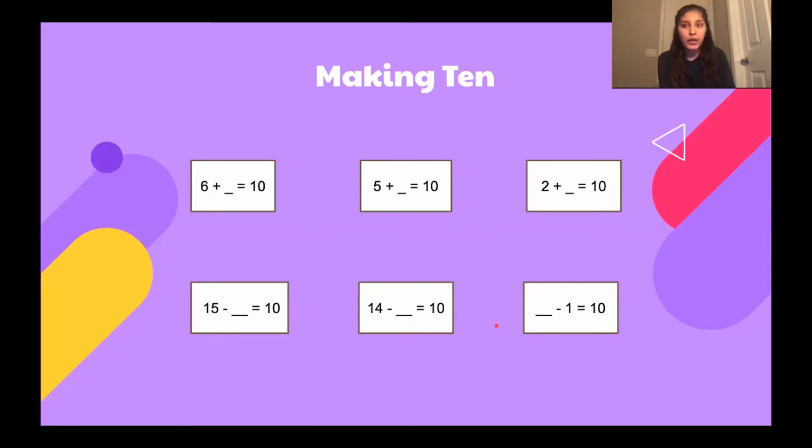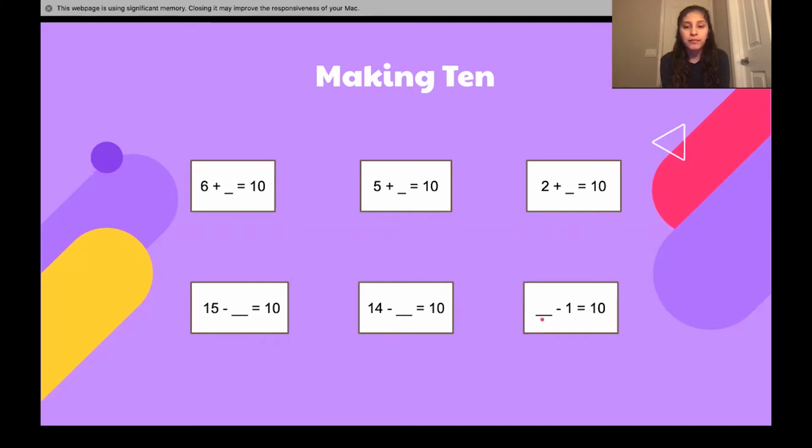So now let's do these ones. You have to make a 10. So it's 6 plus blank equals 10. 5 plus blank equals 10. 2 plus blank equals 10. Those are the three addition, and then we have 3 subtraction. It's 15 minus blank equals 10. 14 minus blank equals 10.